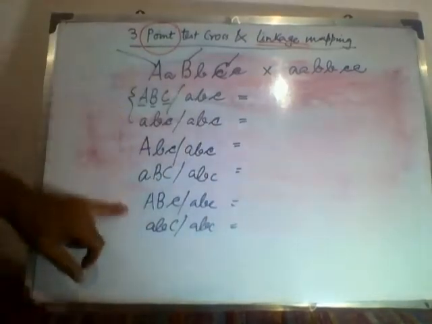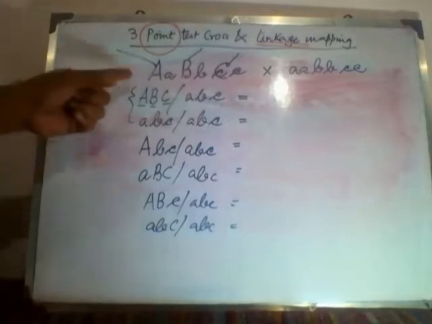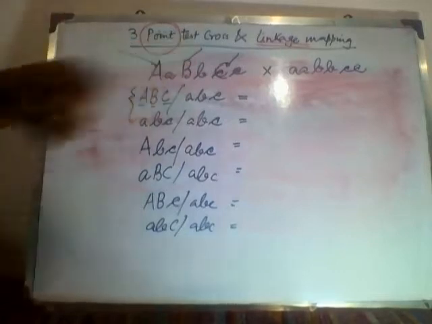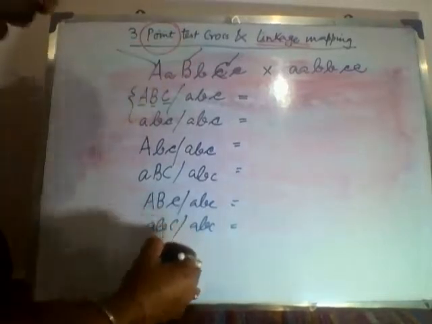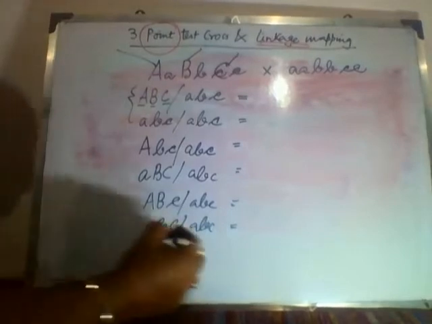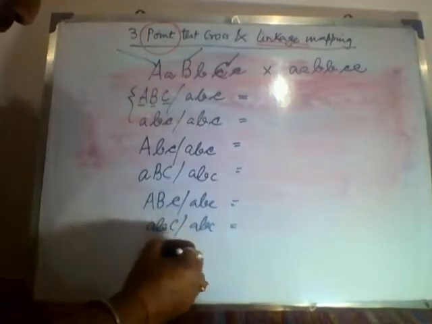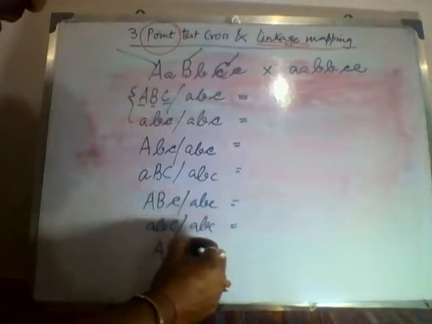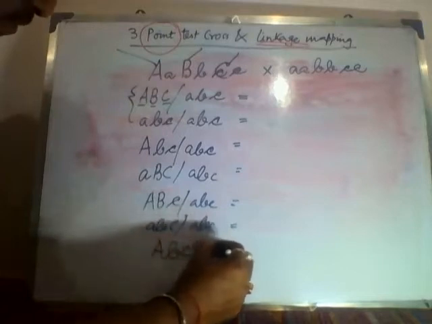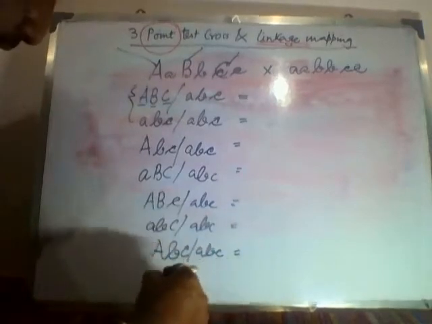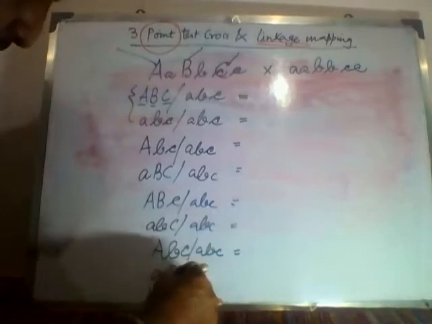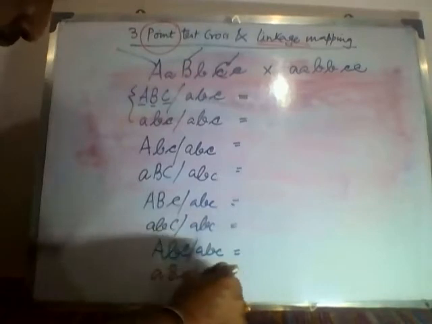These all gametes have formed due to single crossing over between A and B or B and C. Now you are also going to get two more classes, the double crossing over types, capital A, small b, capital C, and small a, capital B, small c, this genotype.